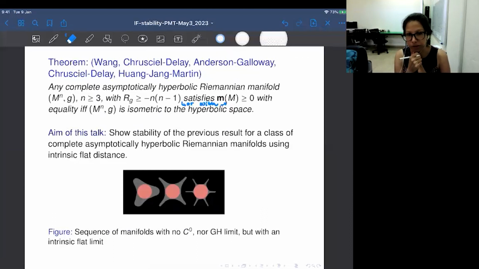So this theorem was proven first in the spin case and then in other cases. And the last proof was shown by Huang, Yang, and Martin.